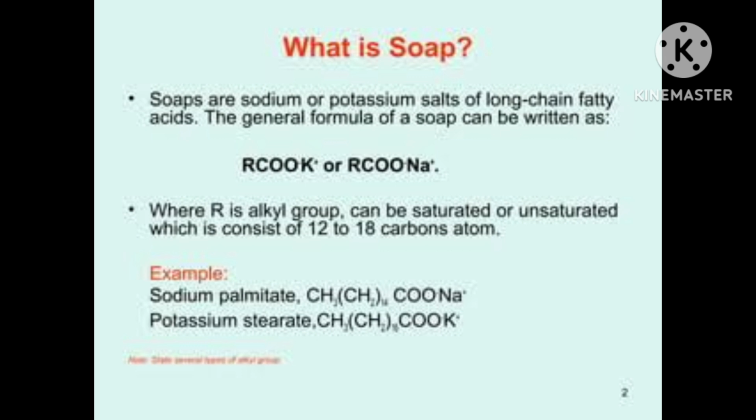Now here, parts per million, ppm, means the parts of calcium carbonate equivalents per million, that is 10 to the power 6 parts of the water.